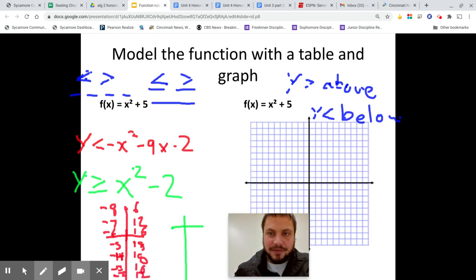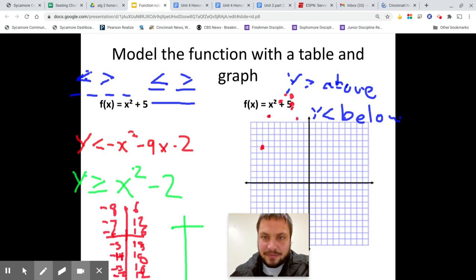So let's put this on the graph. We'll have to go above the graph here, but I've got -8 and 6. That's right there. I've got -7 and 12, that'd be up here. -6 and 16. -5 and 18. -4 and 18. -3 and 16. -2 and 12.